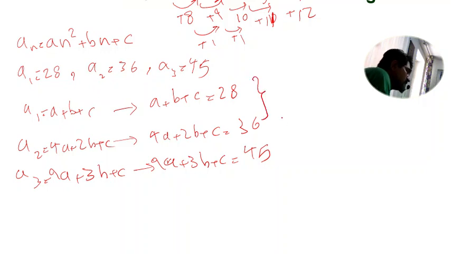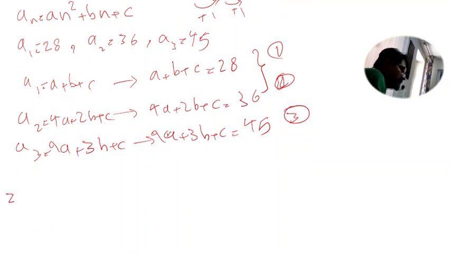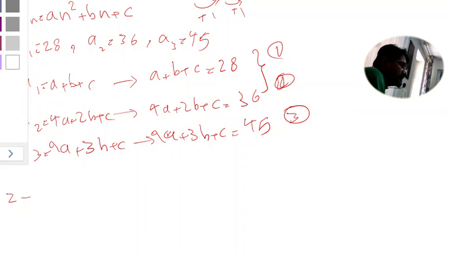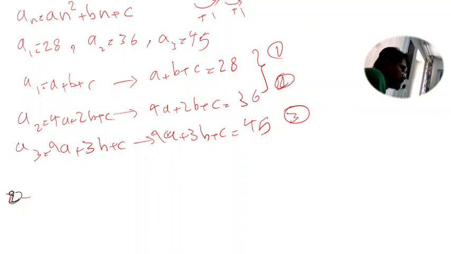By subtraction, line 1, line 2, line 3. Line 2 minus line 1 gives 3a + b equals 8.